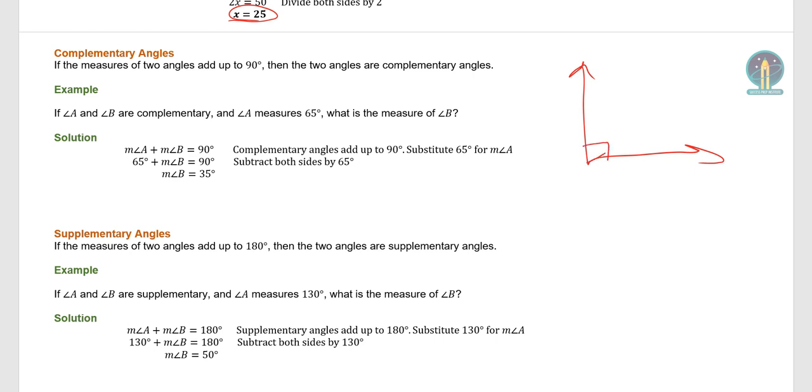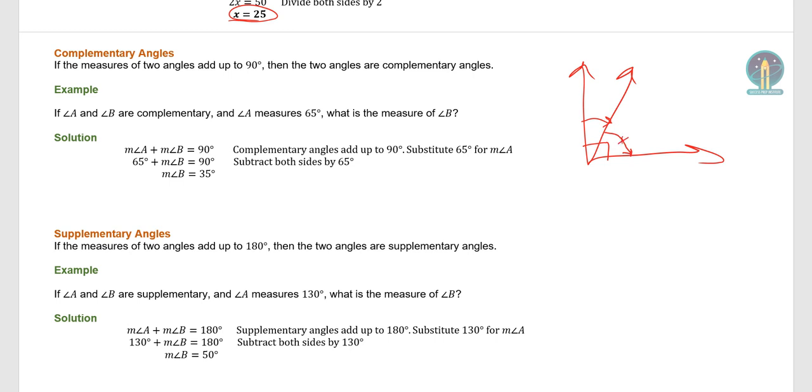And then let's say I had these two angles, this one and this one, in which case this angle and this angle are complementary because they add up to 90 degrees. That's all it is. I could have also had this angle and this angle.